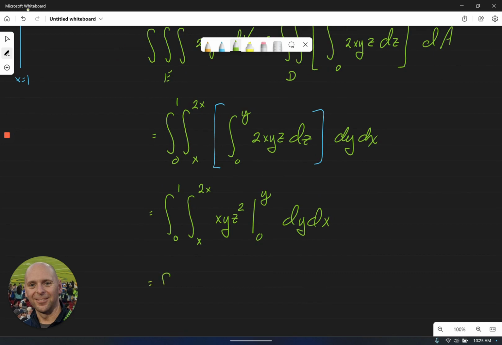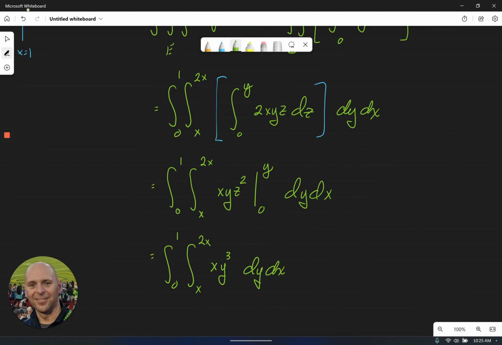So let's do that evaluation, 0 to 1, the integral from x to 2x. If I evaluate z squared at the upper limit y first, I'm going to end up with xy cubed after it's simplified. And evaluating at z equals 0 would make this expression 0, so I won't write that down. And let's not forget our notation dy dx.